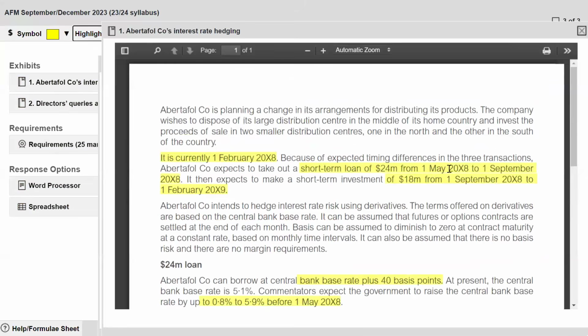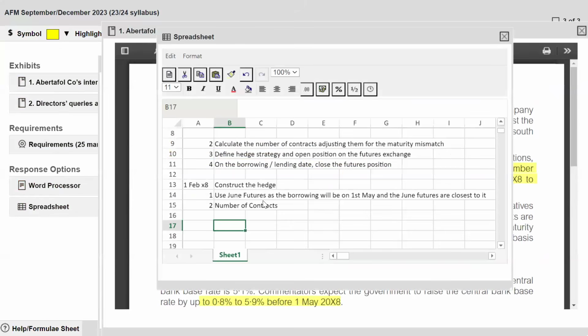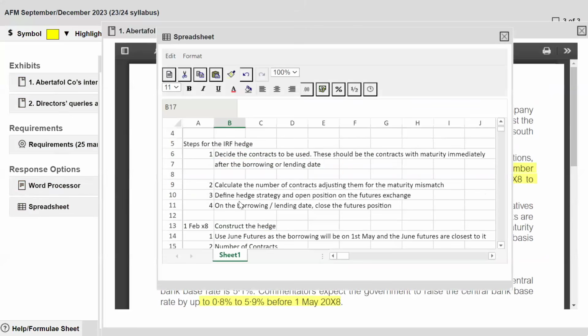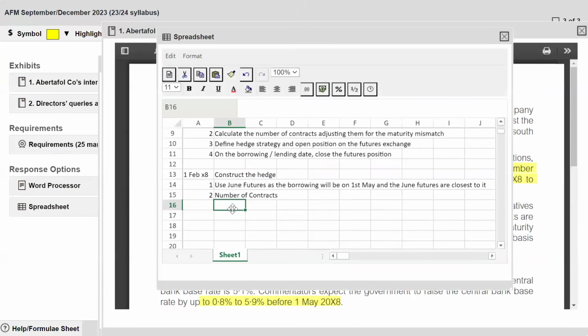The borrowing period is from 1st May to 1st September, which is how many months?